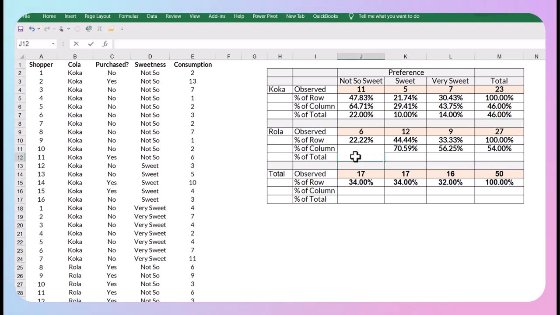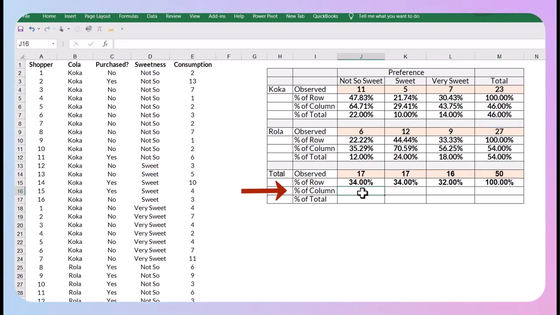Let me do this row real quick. I want the observed divided by the total, here observed divided by the total, and here my total in that cell divided by my total.